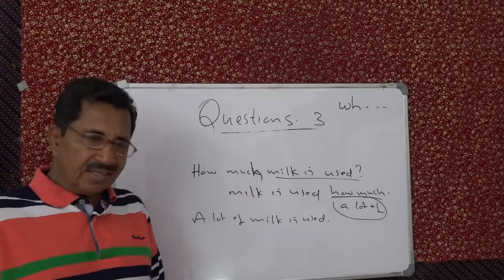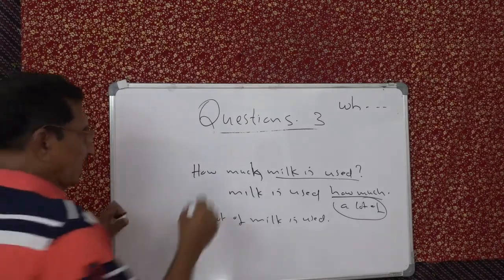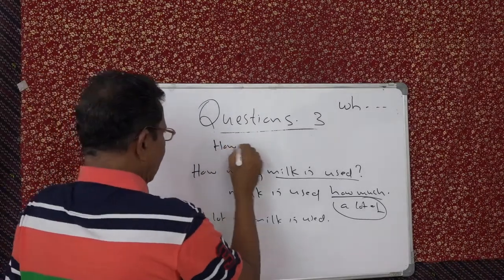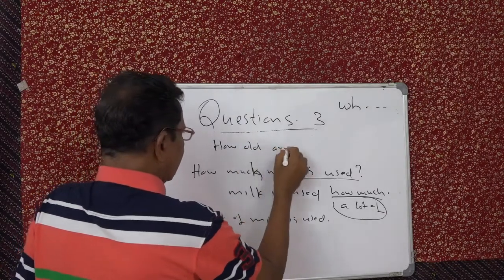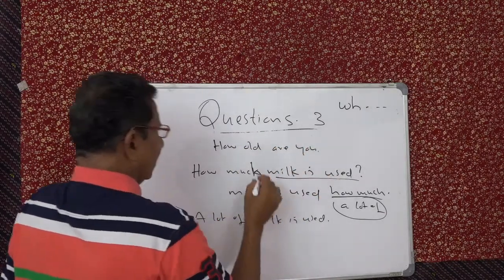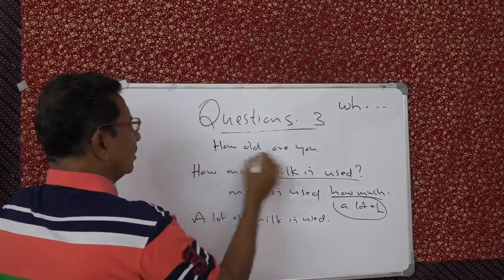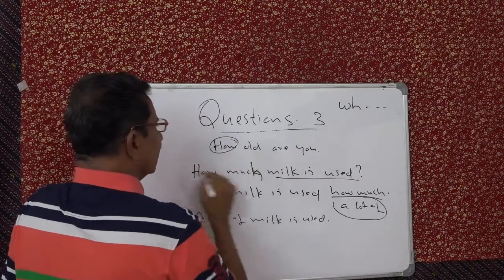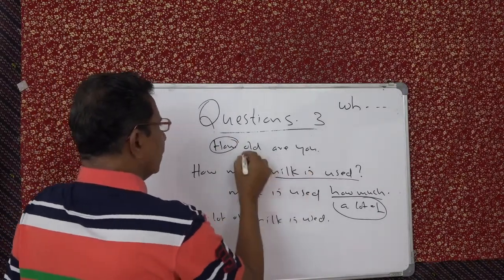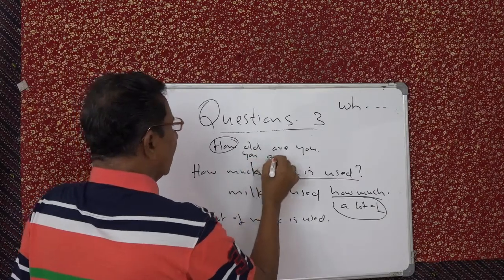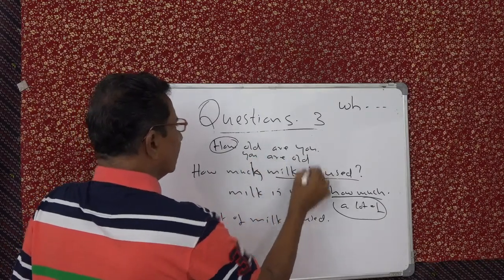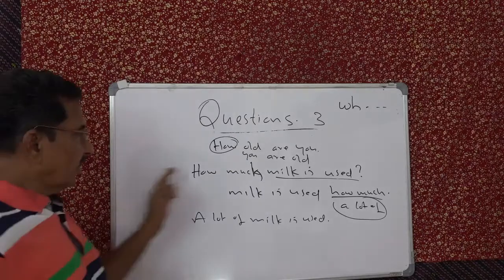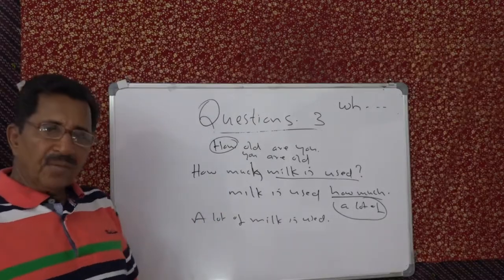Simple. How old are you? Leave this here, then write you. The subject is you, you are old. Then what is the answer? The number of years.